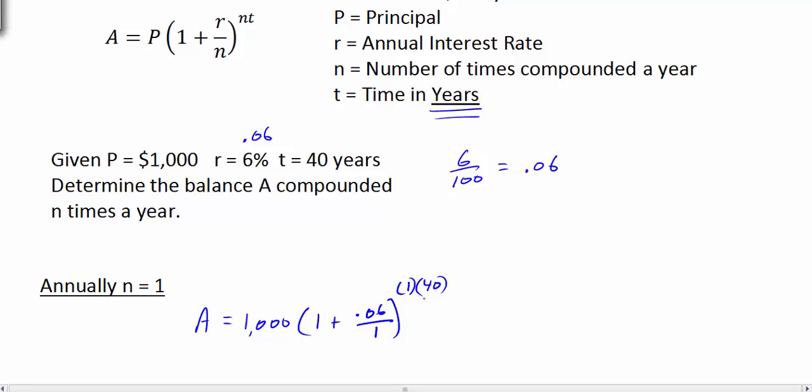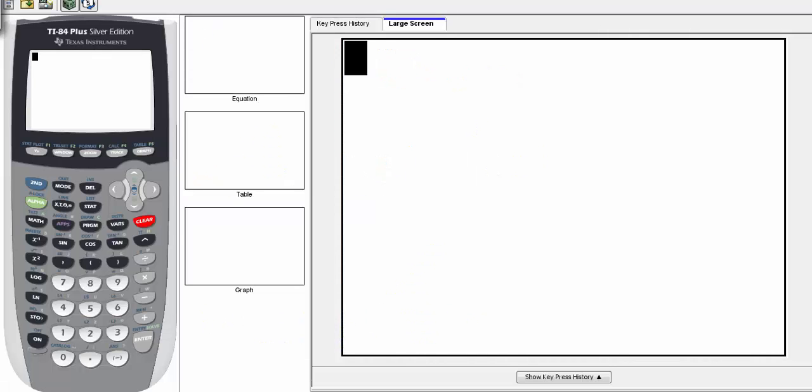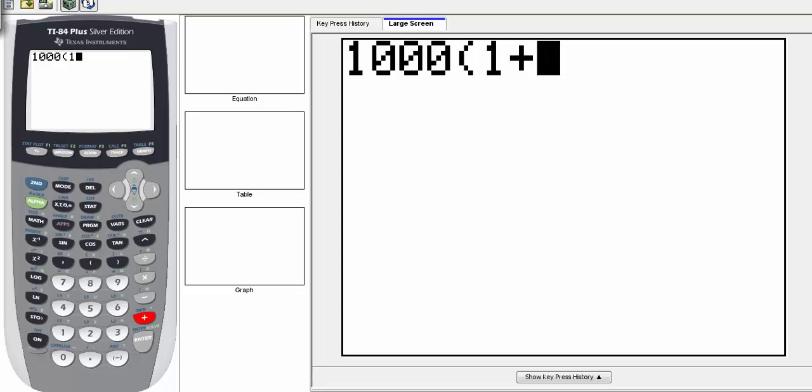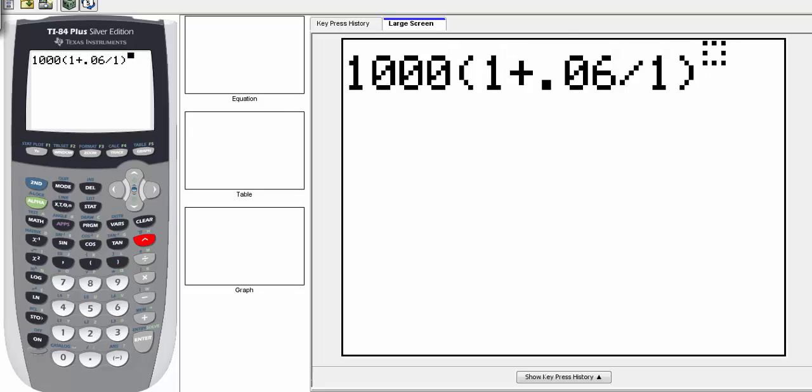And that's it. So then we need to plug this into the calculator. And this is where you need to be careful with your parentheses so that you get the correct answer. So we'll type in 1,000, and then that's going to be multiplied by 1 plus 0.06, and I'm going to go ahead and type this as divided by 1, okay? Close the parentheses, and then we want to raise that. There's your exponent, and you probably want to make sure you put parentheses here to be safe, depending on your calculator.